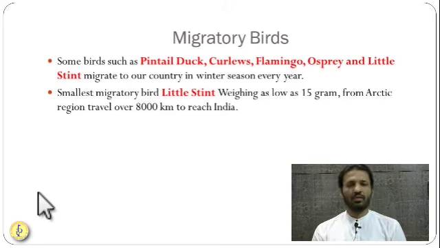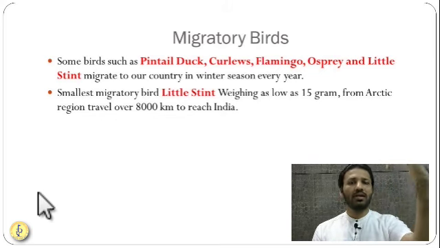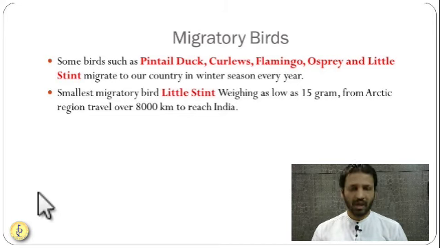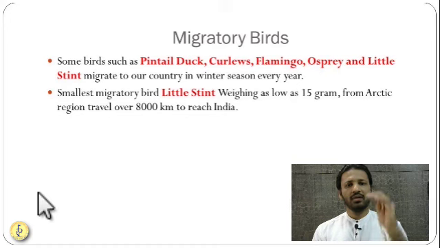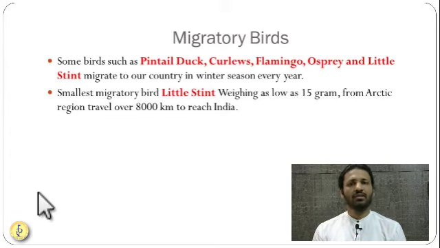A very small bird, it travels a very long distance from the Arctic region to India. Almost 8,000 kilometers it travels, and you will not even notice it. It's very small, like 15 grams. Some people even wear a wedding ring that is more than 15 grams, like a 20-30 gram ring on their hand. This bird is even lighter than a ring.